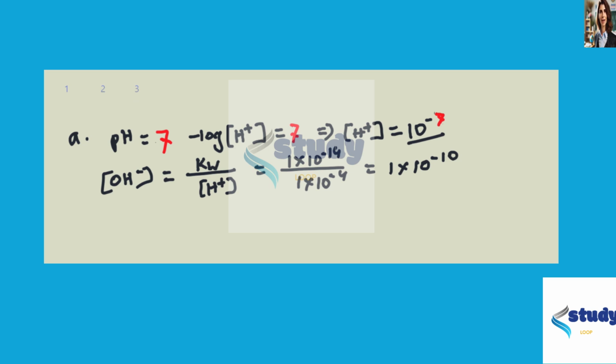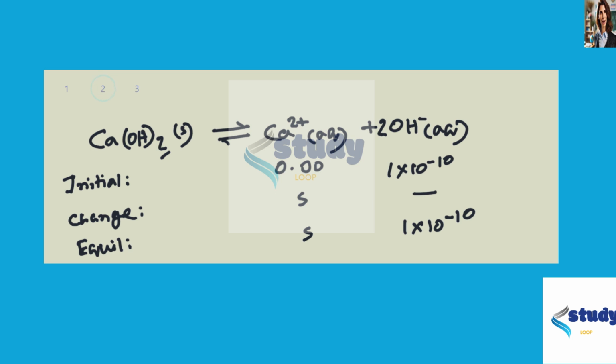So this is the hydroxide ion concentration for pH 7.